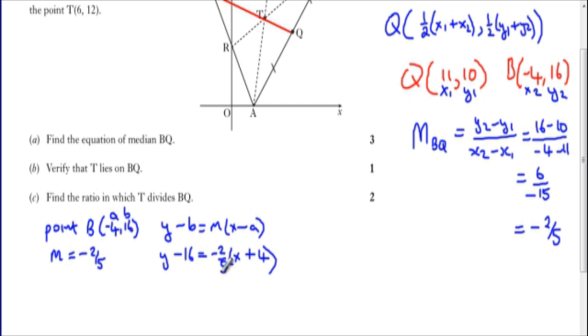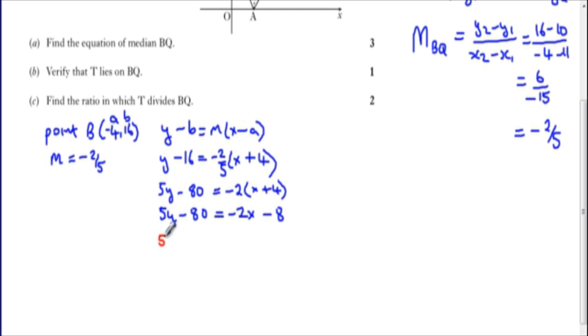We could multiply across by the 5 here to give 5y minus 80 is equal to negative 2 bracket x plus 4. Multiplying out these brackets, 5y minus 80 is equal to negative 2x minus 8.